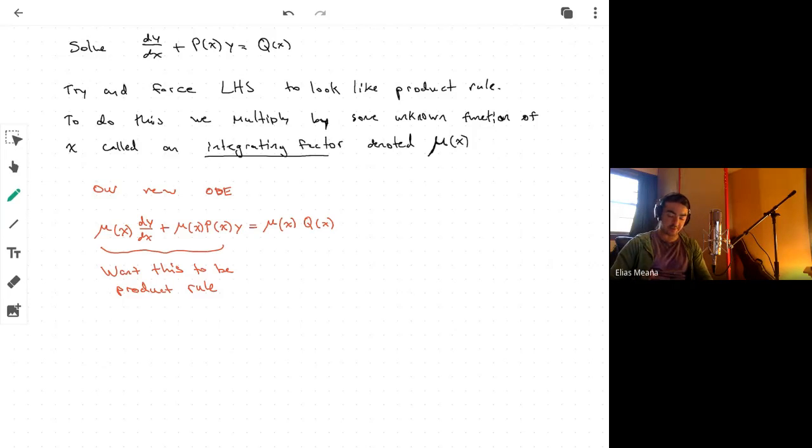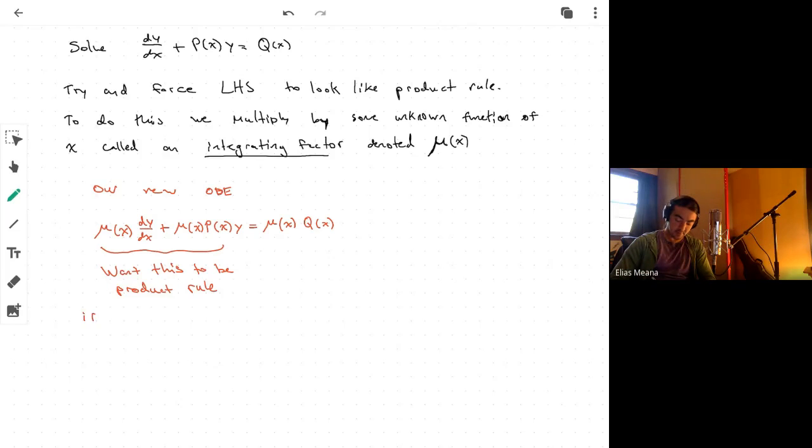So we want this to be product rule. So what that means is we already have the y part being product rule, right? But what we want is for the derivative of mu of x to be equal to mu of x times p of x, right? Let me show you what I mean by that.